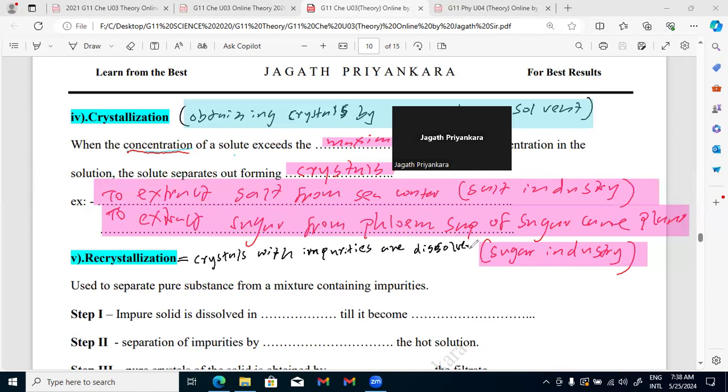Dissolved in what? Hot solvent and cooling, to get a small sample of pure crystals. You can't get a large amount of crystals from this.